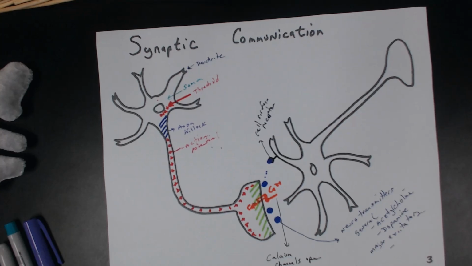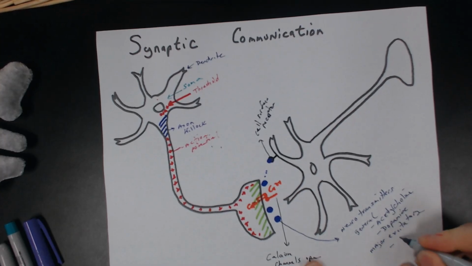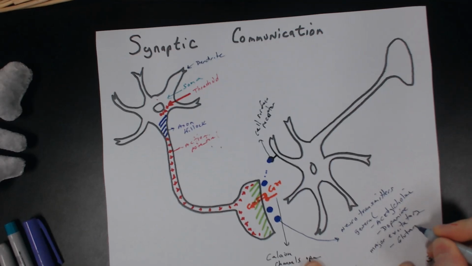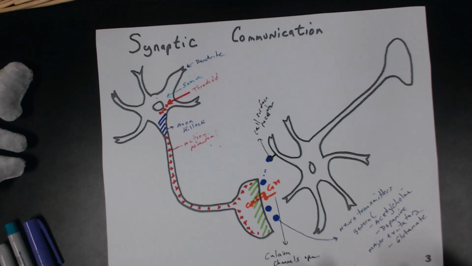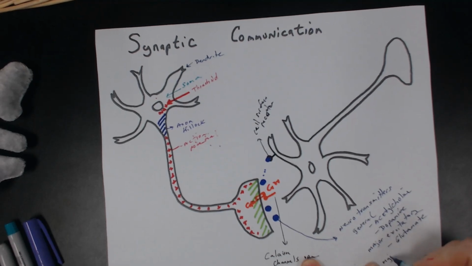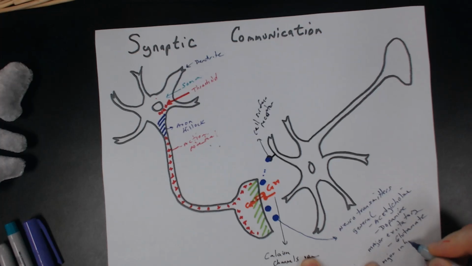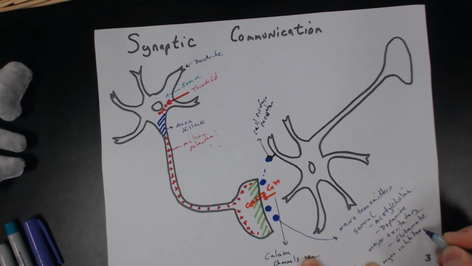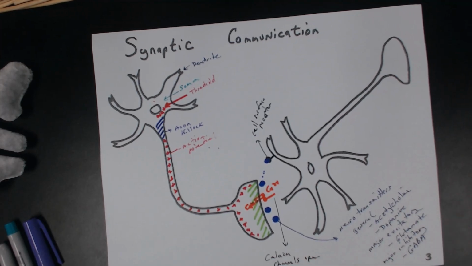It's an amino acid: glutamate is going to be your major excitatory neurotransmitter, and there's also a major inhibitory one. Yeah, that's going to be GABA, G-A-B-A. So general neurotransmitters, acetylcholine and dopamine, we're going to talk about a whole lot more later on. But you should know that your major excitatory neurotransmitter is glutamate, and your major inhibitory neurotransmitter is going to be GABA, G-A-B-A.